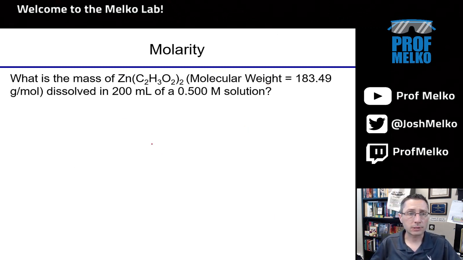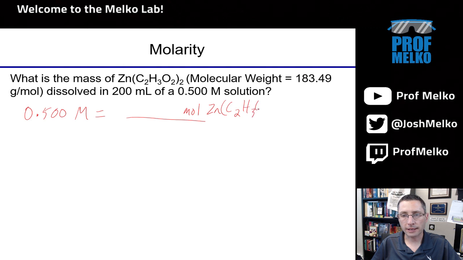Let me show you the third type you might see. What is the mass of zinc acetate dissolved in 200 milliliters of a 0.5 molar solution? I see that capital M, and I just immediately write down 0.500 capital M. I know that is moles of solute, here zinc acetate, Zn(C2H3O2)2, over liters of solution.